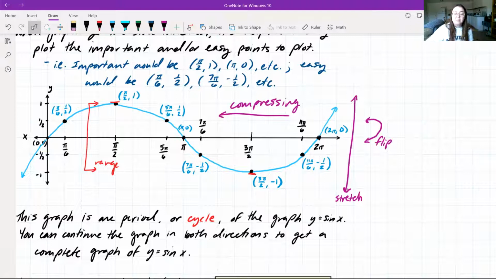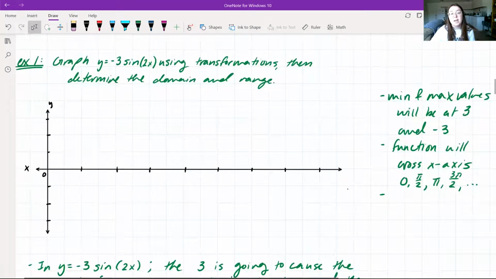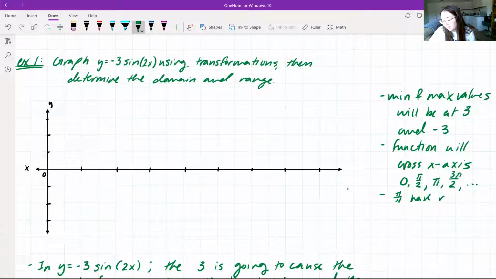So at pi over 4, we'll have our first minimum value because we're flipping it because of that negative. So we'll have pi over 4, have min value. Then we cross the x-axis at pi halves.